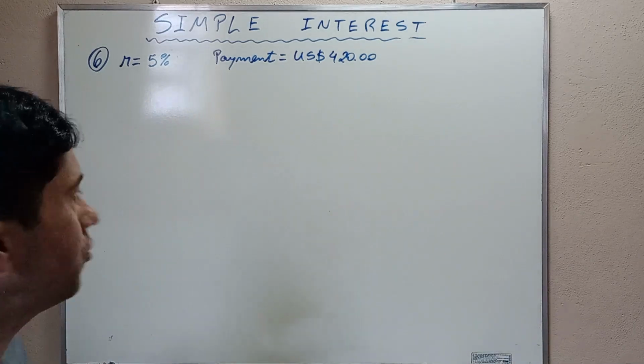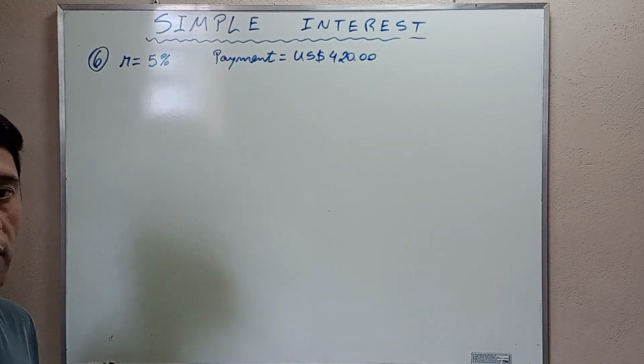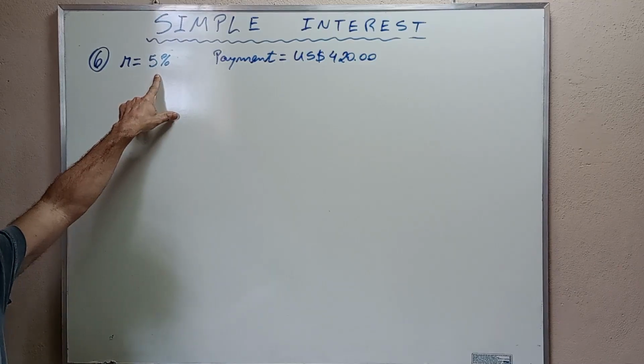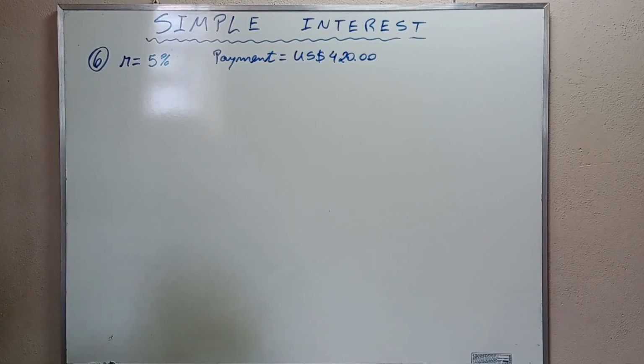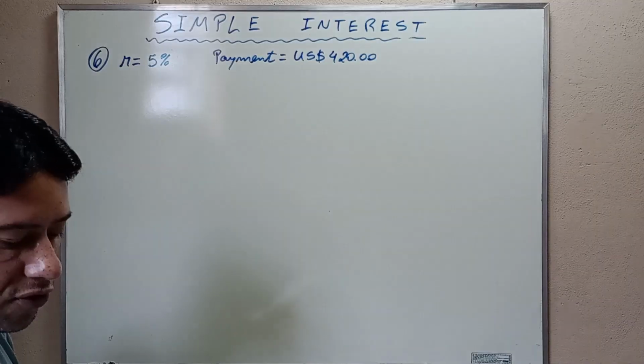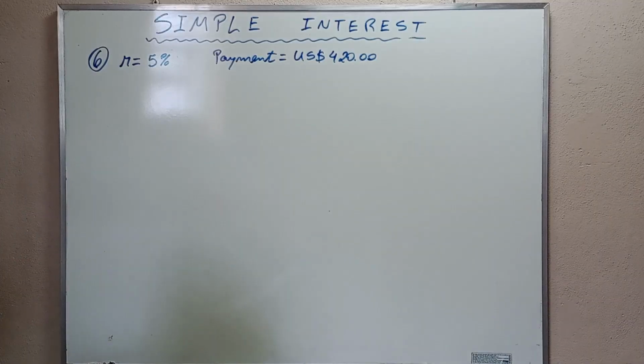But before going to the solution, let's review the information that the exercise provided. The exercise says that Rachel paid an overdue bill with 5% of interest, resulting in a total payment of $420. And the question is, had she paid the bill on the due date, how much would she have saved?